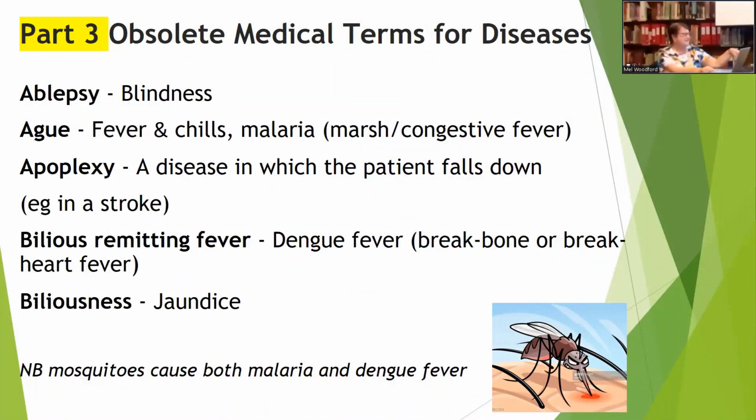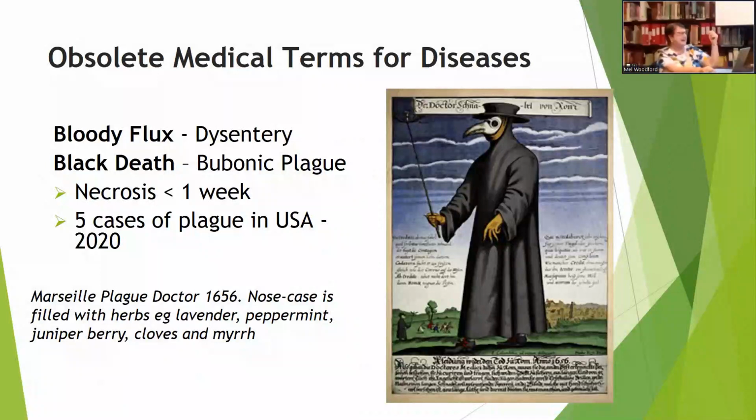and something like biliousness, which is what we know as jaundice, and the bilious remitting fever, which is dengue fever. Bloody flux was dysentery, and the Black Death caused bubonic plague, and the bubonic plague is actually still around, and it's a very nasty illness.